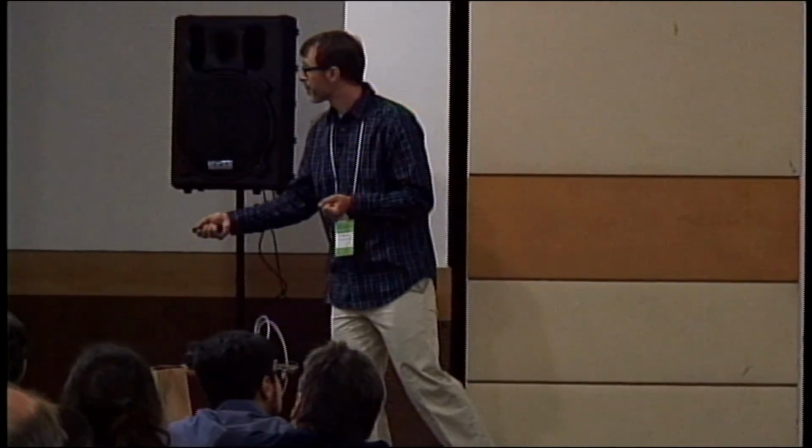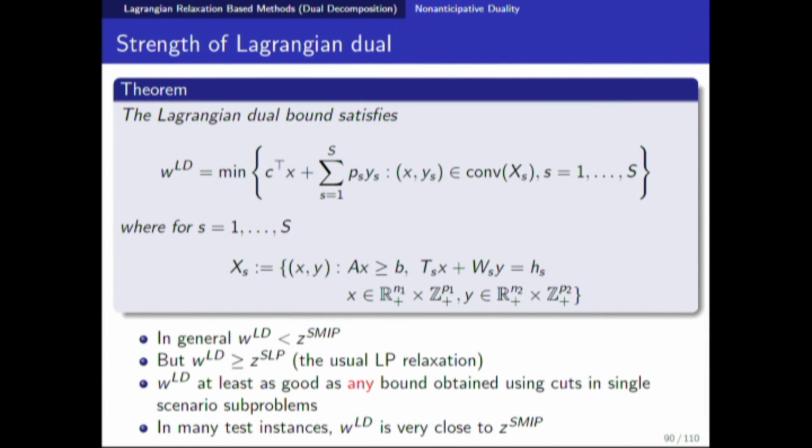This dual will be at least as good as what you could get using any possible subproblem cuts. The best possible subproblem cuts would define the convex hull. So this is even better than, or equal to, what you could do with all possible subproblem cuts.